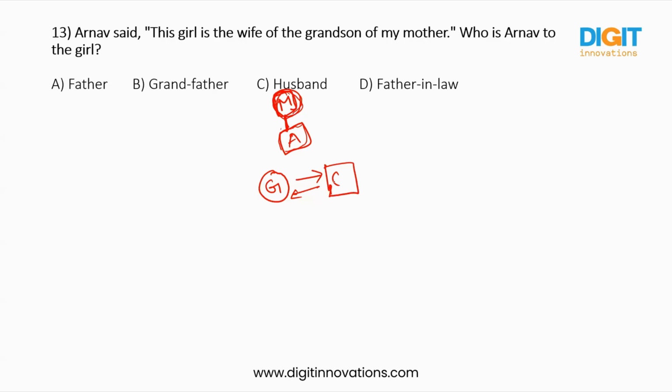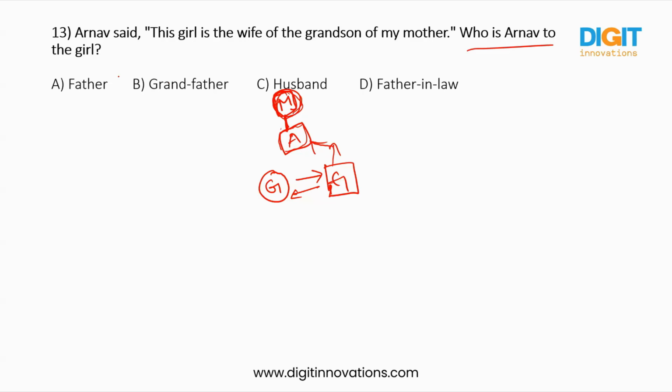So he is the grandson, and this grandson should have a father, so the only possibility is Arnav. So Arnav is the father of this grandson.